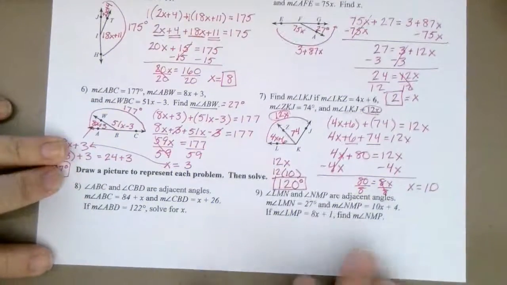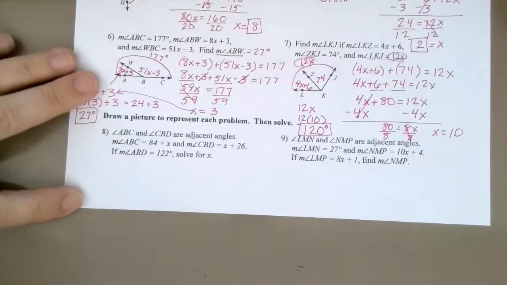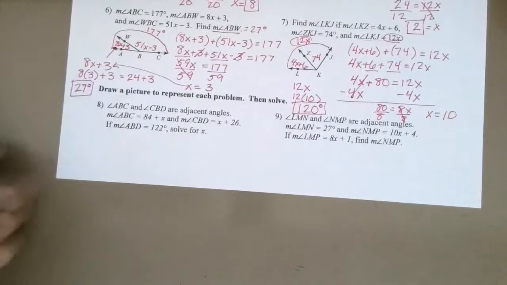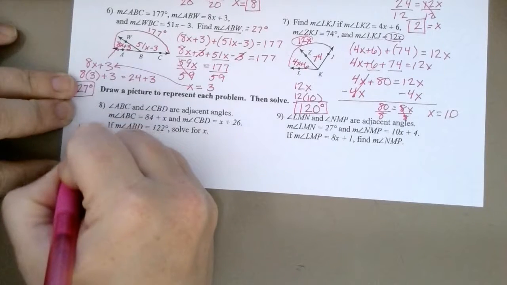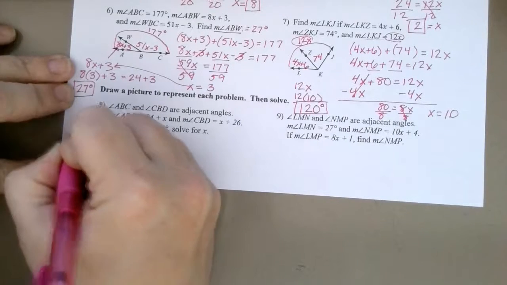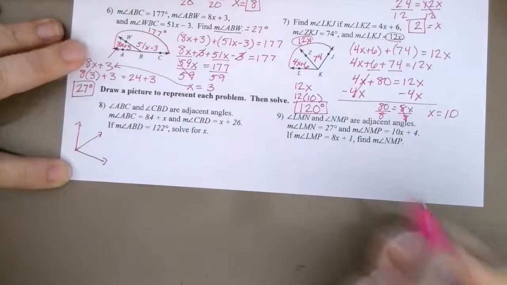So? All right. Last two, we have to draw a picture. We have to be careful with this. Now, in general, we should know what this is going to look like, right? We have an angle, something like that, and we have another ray right in the middle.